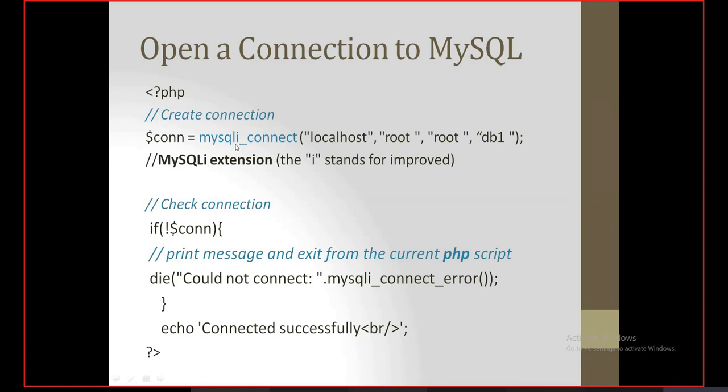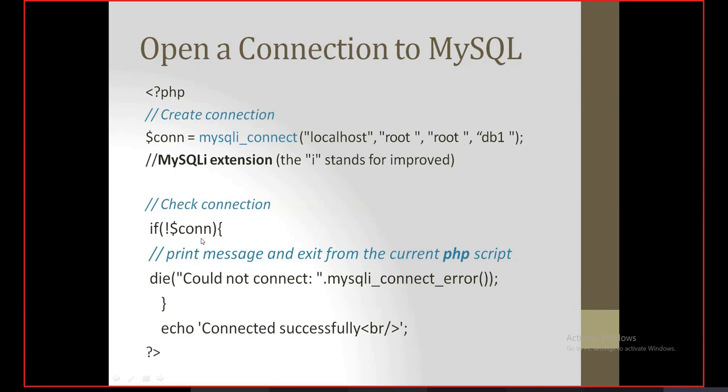Okay, fine. So whatever connection we have established, we are storing a reference for that in the variable con over here. And once we have established it, we will check whether the connection is performed properly or not by seeing the value which is present in the con variable.